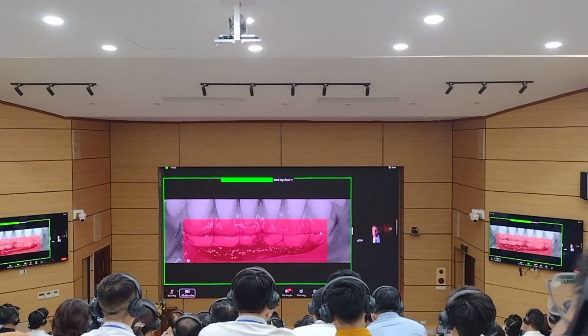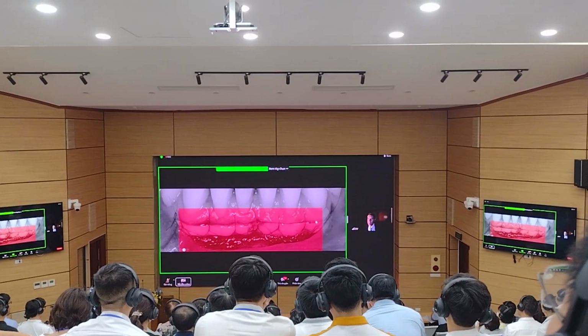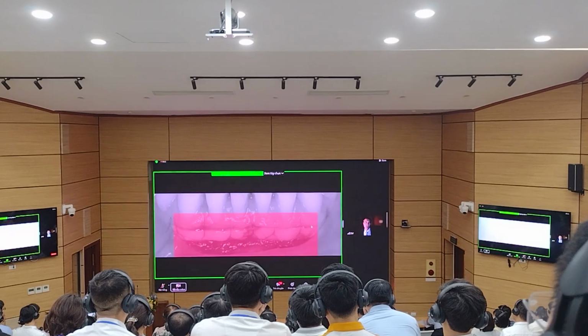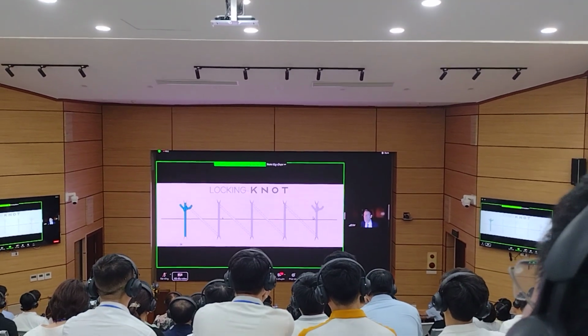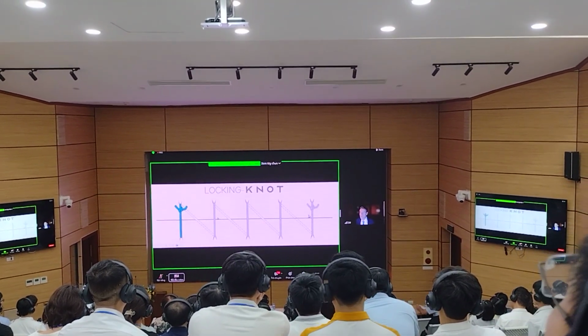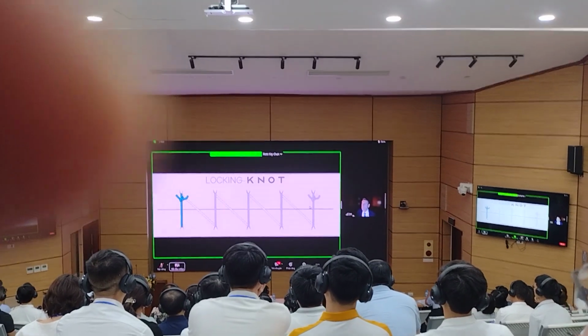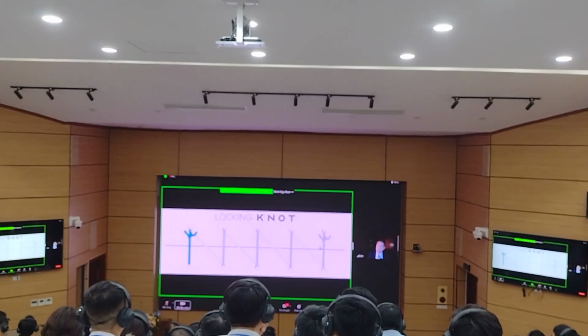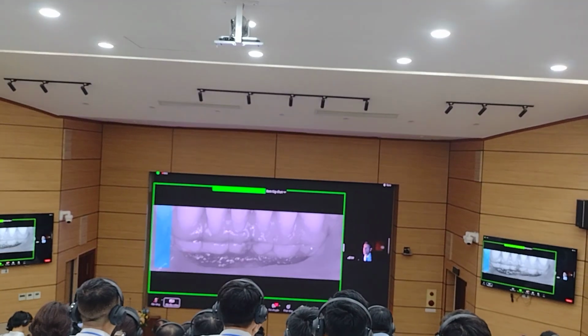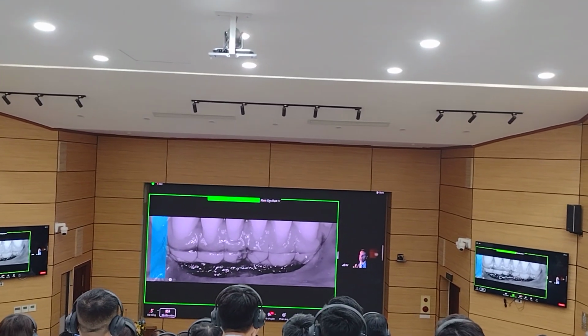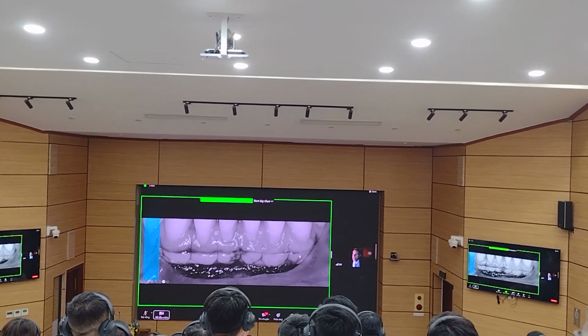And that is going to be approximating tissue alongside the wound edge. And at the end, we're going to use a locking knot, which is going to provide us security. And until we tie this locking knot, we're going to have certain freedom as far as how to reposition this body of the suture.